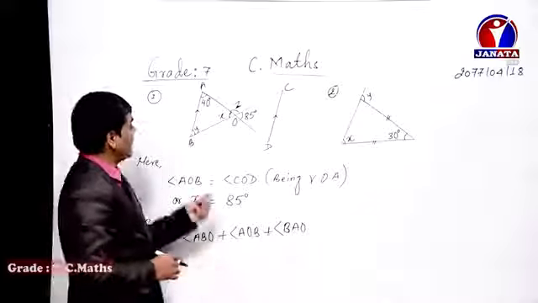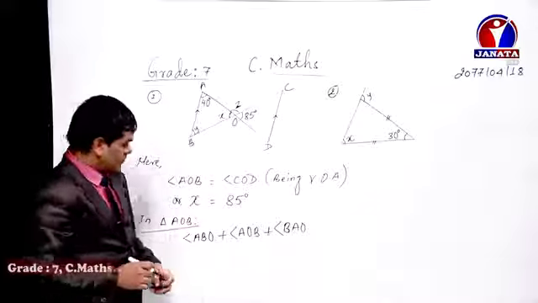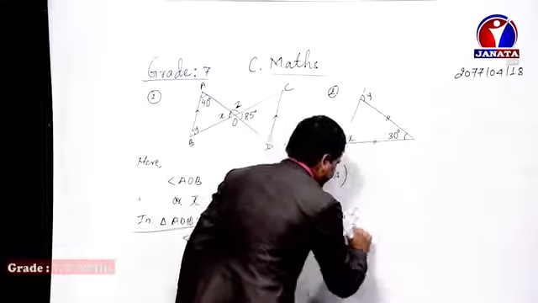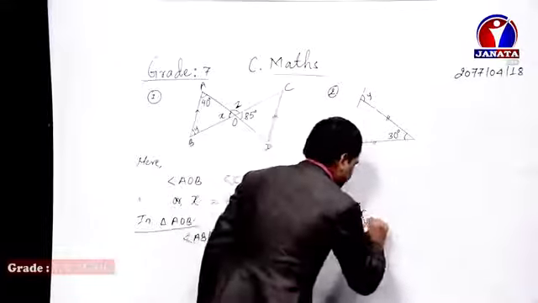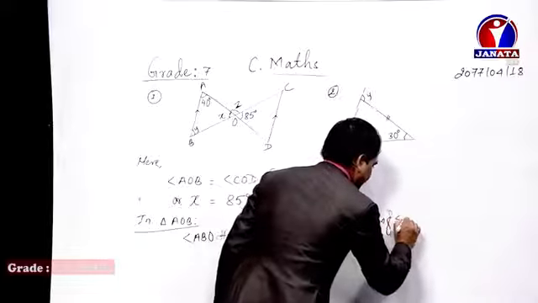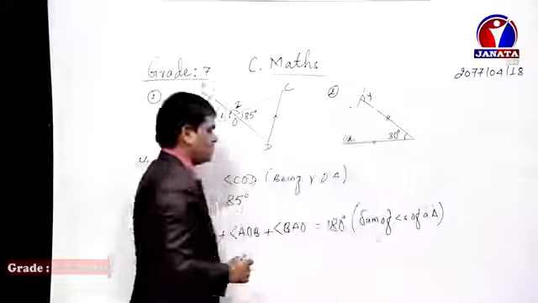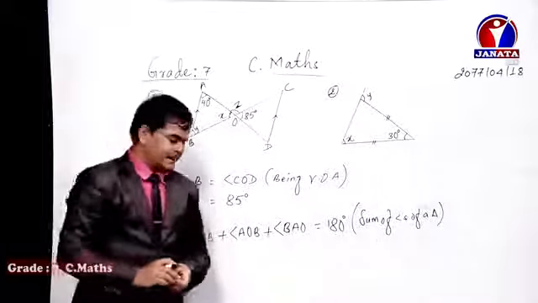When we combine the angles of a triangle, it should be equal to 180 degrees. What is the reason? Sum of angles of a triangle.